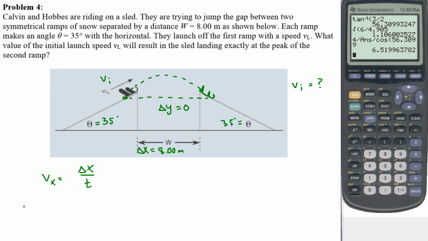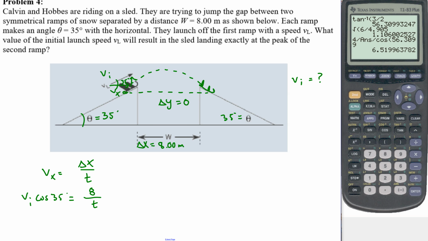Vx, though, I can say is Vi times cosine of the angle. Your angle here is the same. This is 35. The x-axis velocity is adjacent, so we use cosine. Delta x is 8. And that's all we can do.